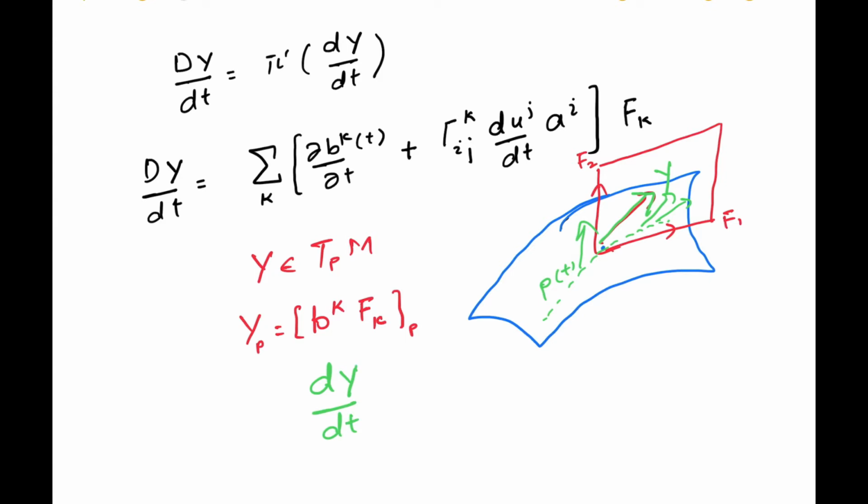So this y is actually a function of this p of t, taken along this curve. And then we take the tangential component of this, which is represented by pi prime. So we call that the covariant derivative.